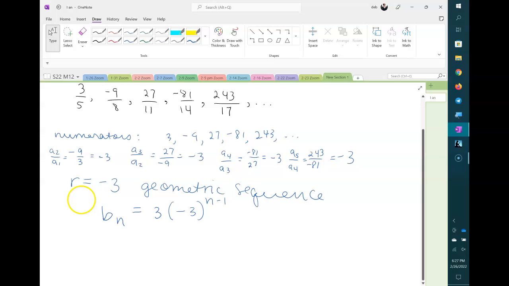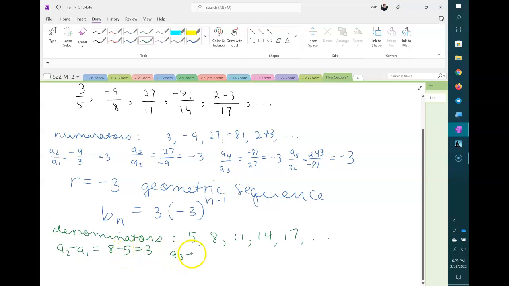So then let's look at our denominators. And we have 5, 8, 11, 14, 17, and hopefully you're getting better and better at recognizing these sequences. But you need to show the reader that you have paid attention and have checked every difference to make sure it stays constant.